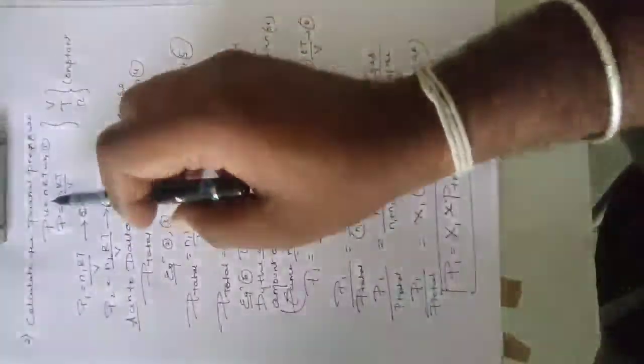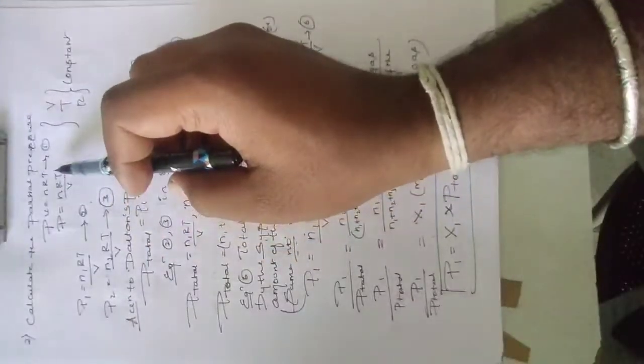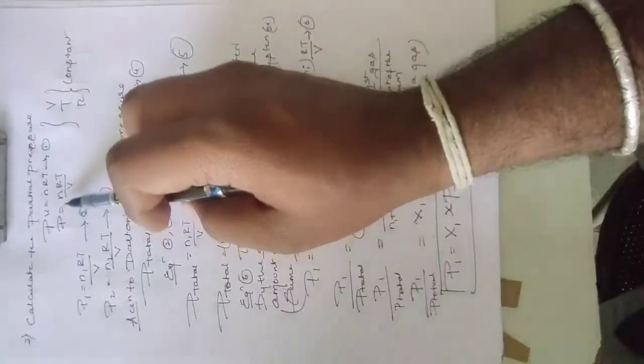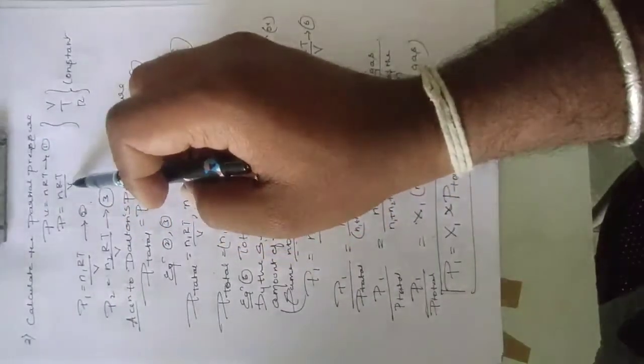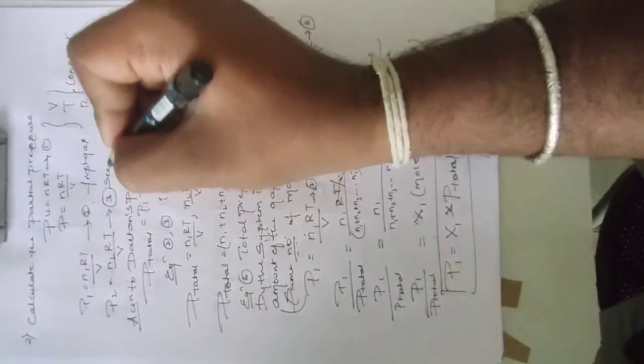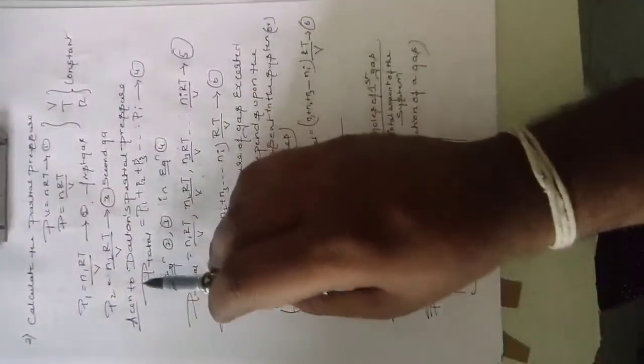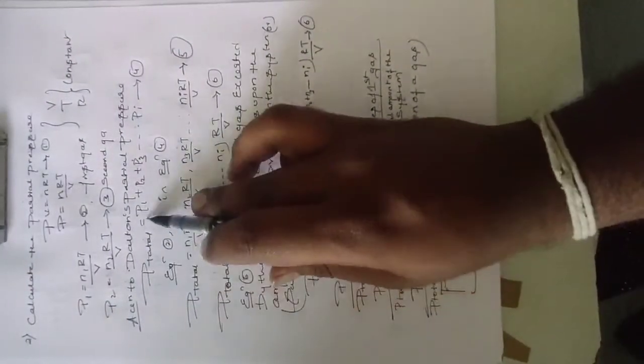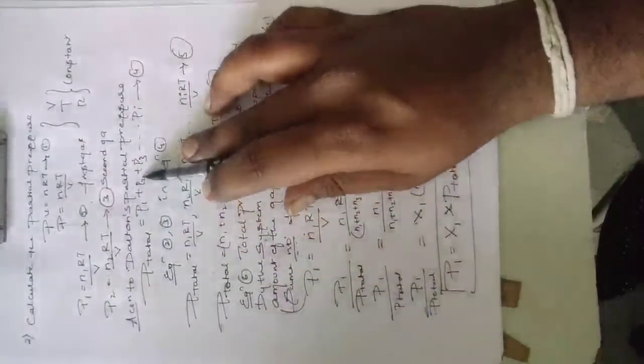Again, I'll explain this. For calculating the partial pressure, we got PV equals nRT from the ideal gas equation. We can take pressure equals nRT by V. If you apply this for the first gas and the second gas, we get this expression. According to Dalton's law, the total pressure equals the sum of the partial pressures.